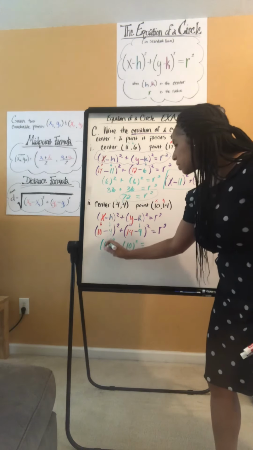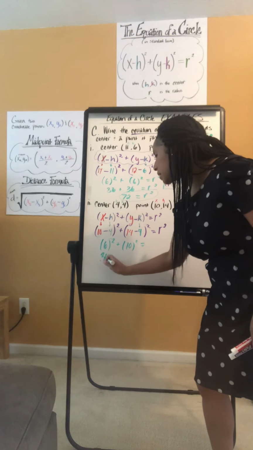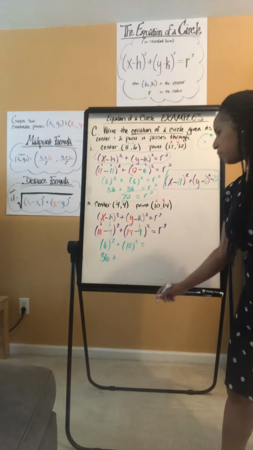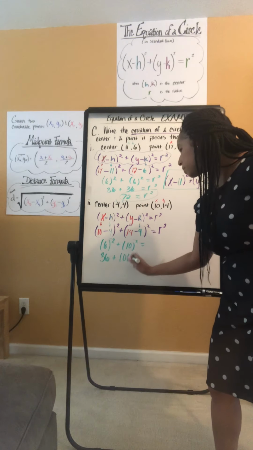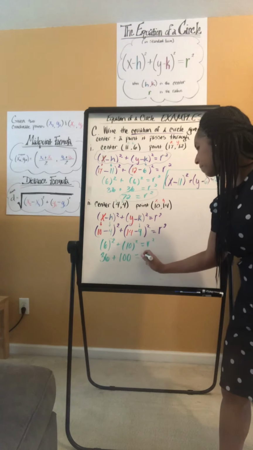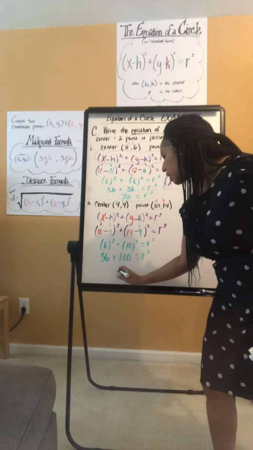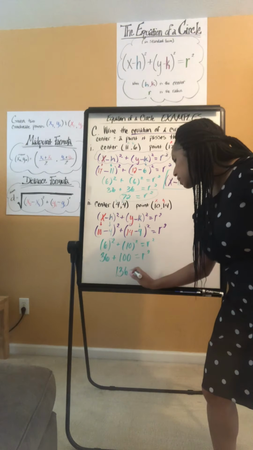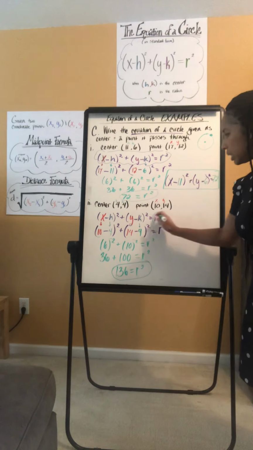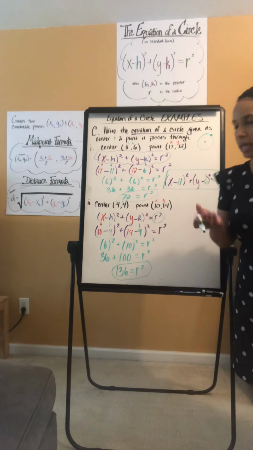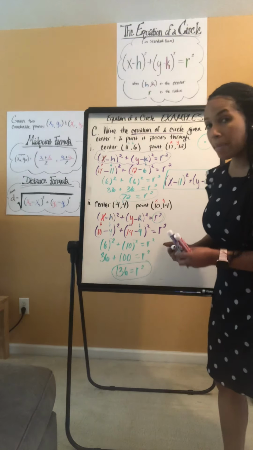But it doesn't matter, because when I square it, it's always positive. This side should always be positive. 6 squared is 36, 10 squared is 100. So my r squared in this case is 136. And I stop there, because what the formula needs is an r squared. So there's no point in taking the square root just to square it back again.